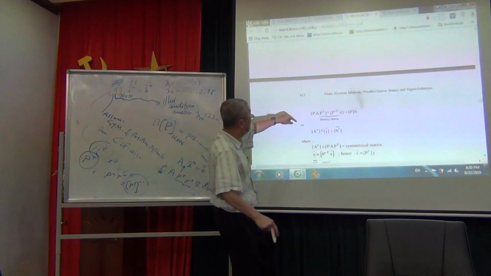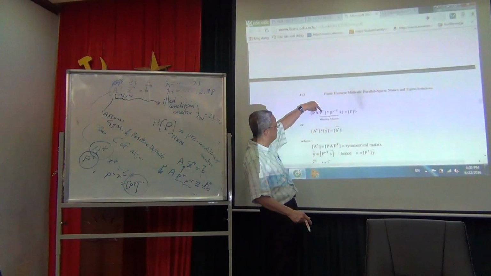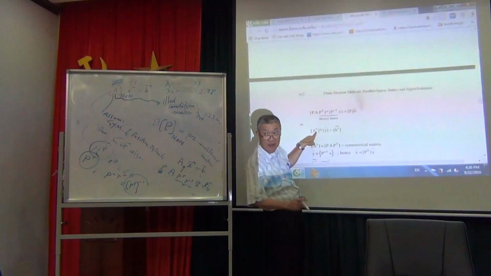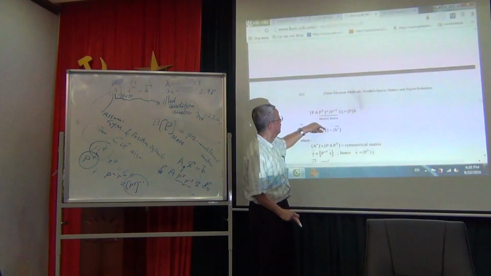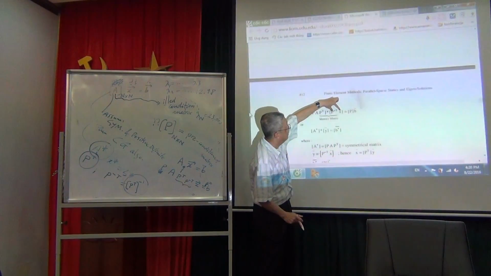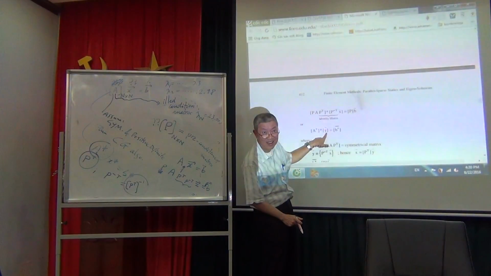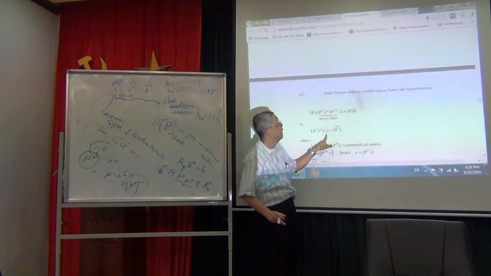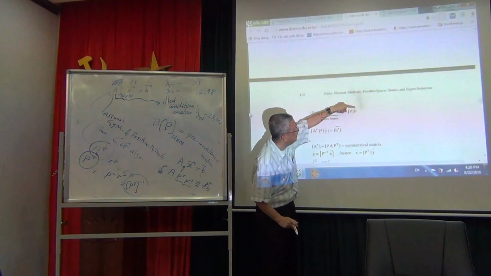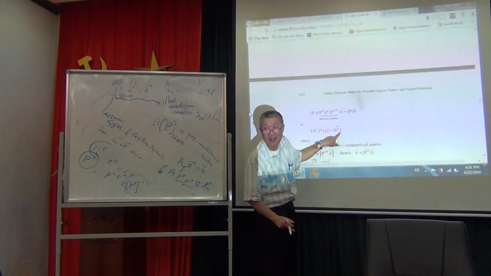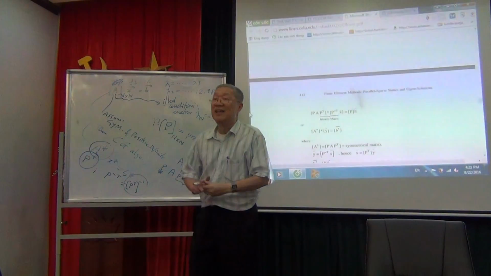So this triple product, P, A, P transpose, we call it A star. Is that clear? This product, P transpose inverse times X, we give it a new name, vector Y. Do you agree? And then matrix P times the vector B, we give it a new name, vector B star. Is that clear?